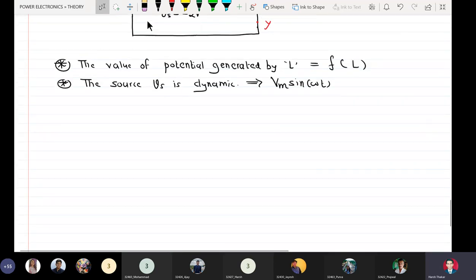So we can write a point here that consider the following situation.